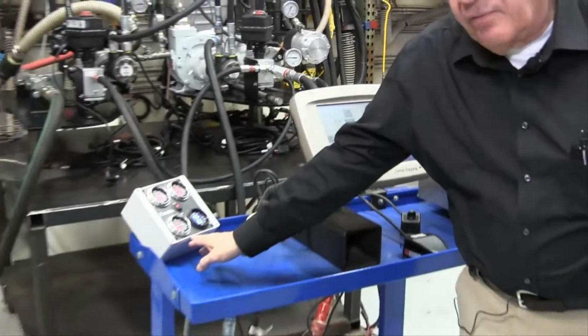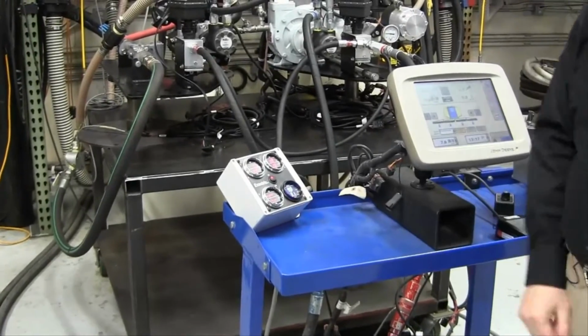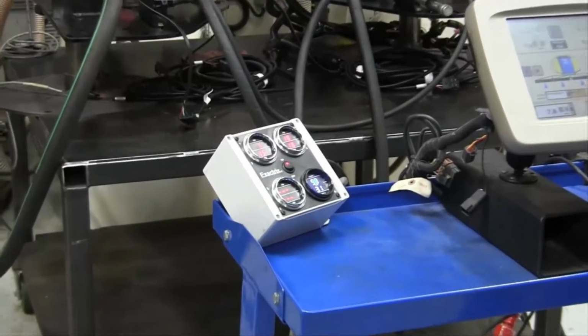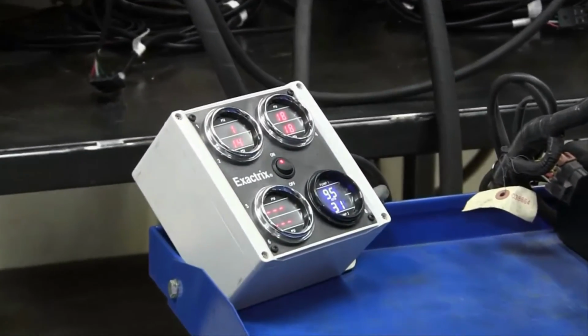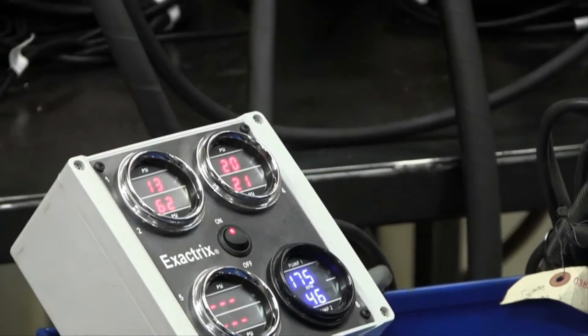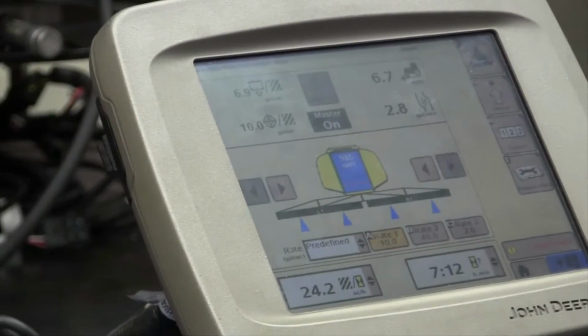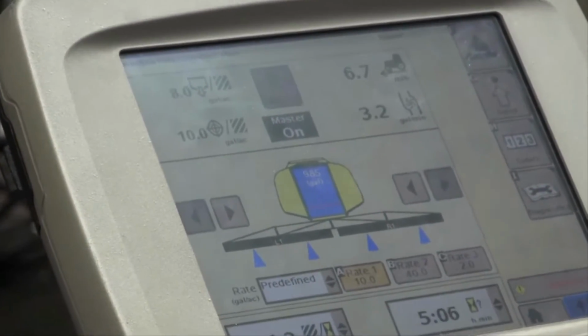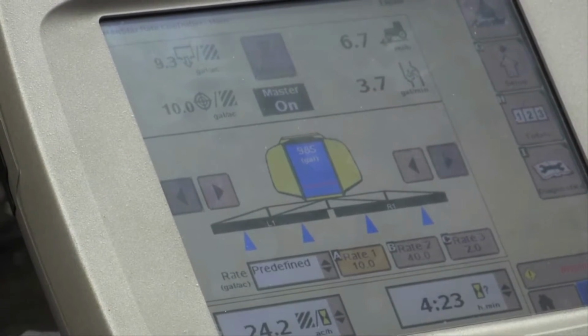And here over to the side of it are the pressure gauges and the tachometer. I'm going to increase the ground speed up to about 7 miles an hour. You can hear the pumps speed up a little bit. And there we are right now at about 7. You notice how the pump RPMs came up.